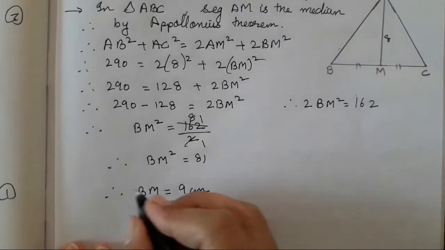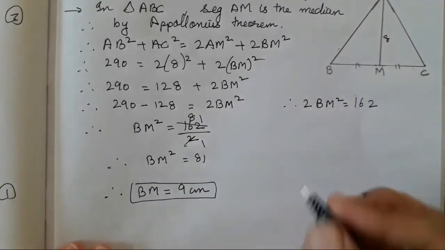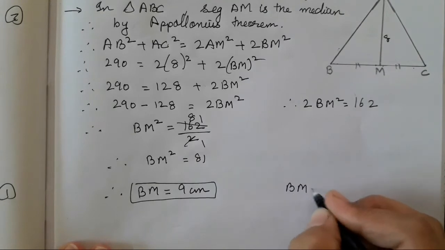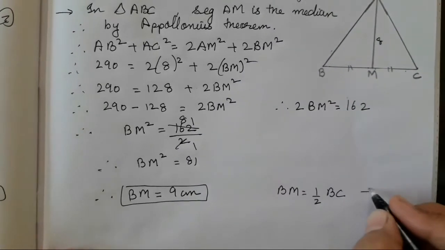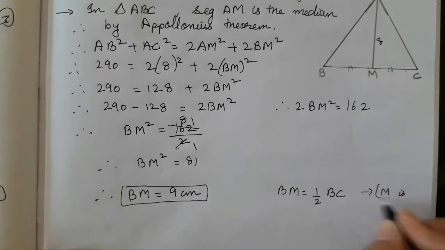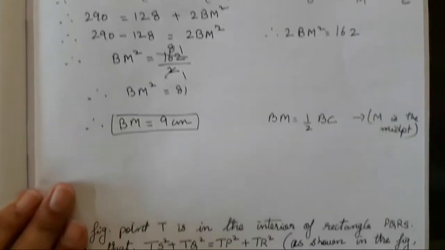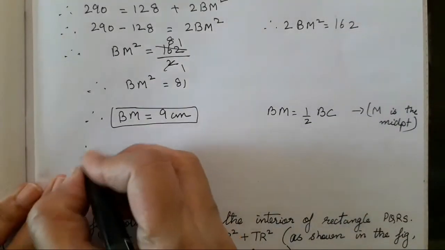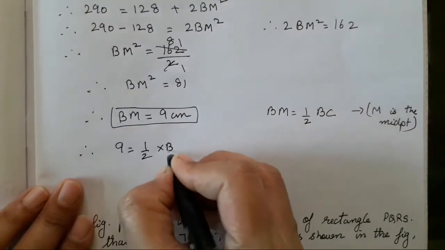Now that you have got BM, this is very easy again. BM is equal to half of BC as M is the midpoint. Now, substitute the value, that is 9 is half into BC.